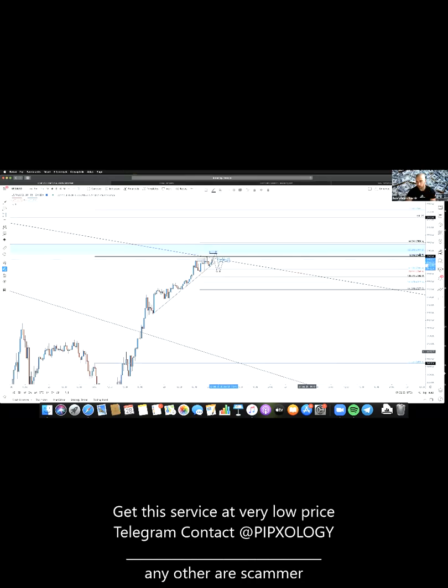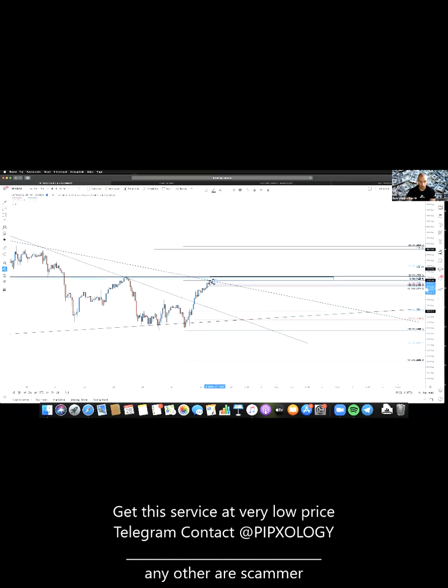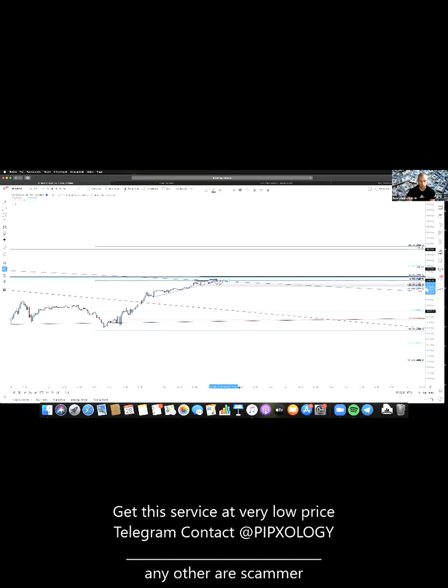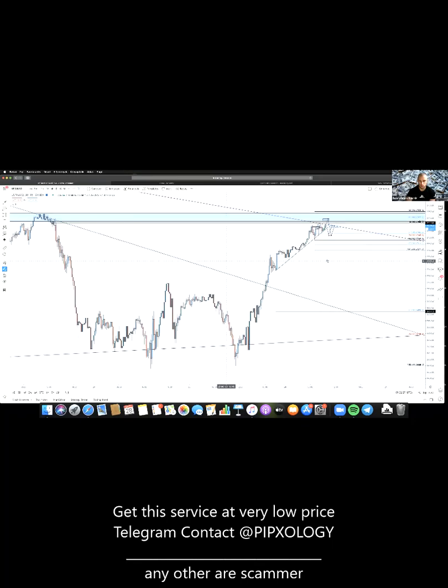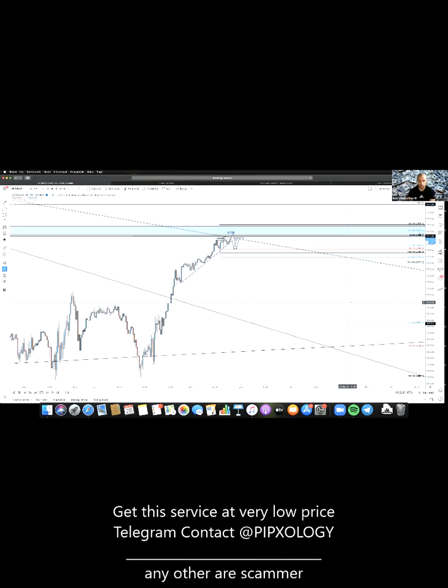So I'm expecting now a bigger pullback to the 61.8, and after I think it can push higher to the H4 -27, which is 27,650, and after that the H4 -68, which is 28,000. Do you have any questions on US 30? That's okay.